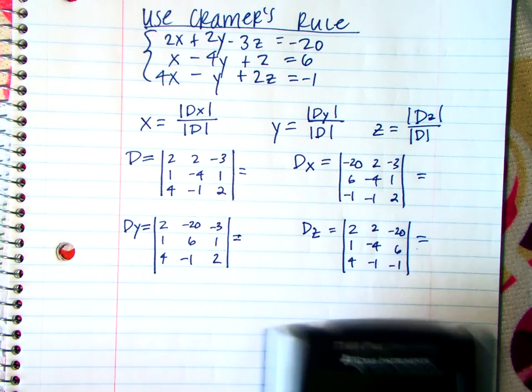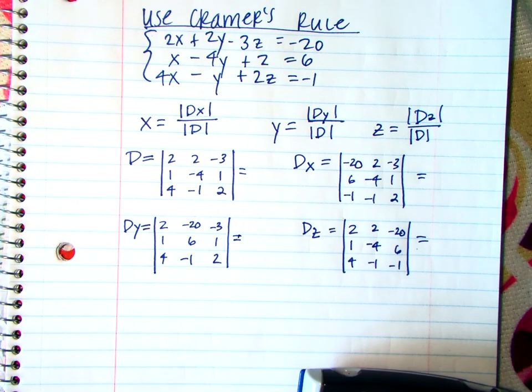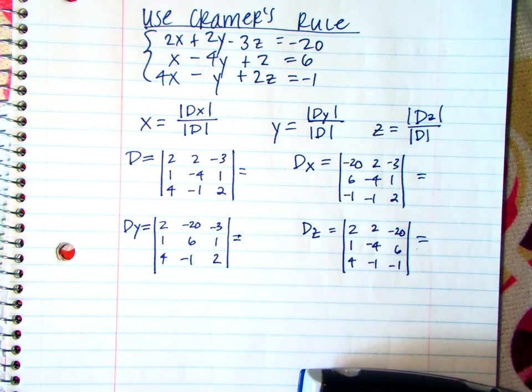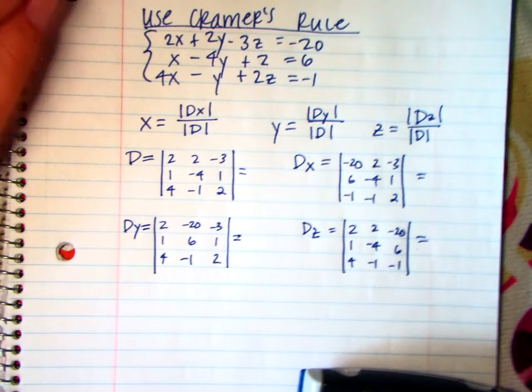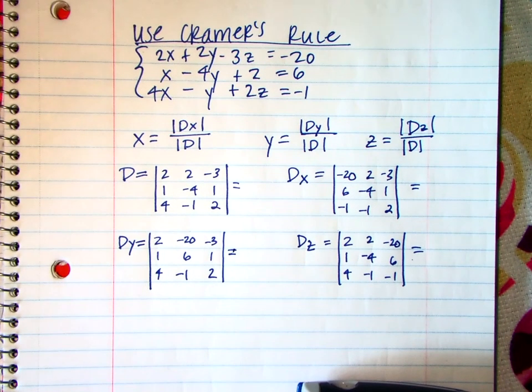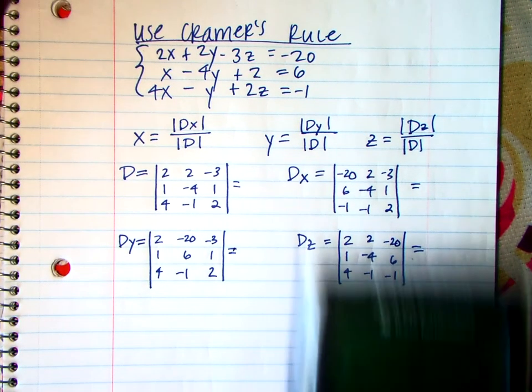So this is where I'm saying using your calculator is going to be your friend, because you would have to find the determinant of 4 3x3 matrices. And again, they take quite a bit of time, and I understand that, and as long as you understand the steps to do it, I'm okay with using your calculator, but try some on your own before you do that.